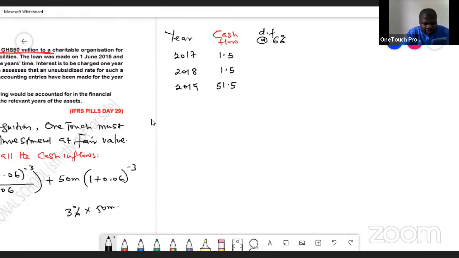So 1.06 to the power -1, that is 0.943. 1.06 to the power negative 2, that is 0.890. 1.06 to the power negative 3, that is 0.840. Okay, so let's multiply.